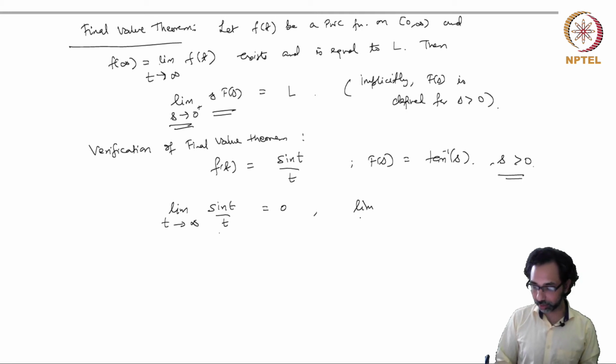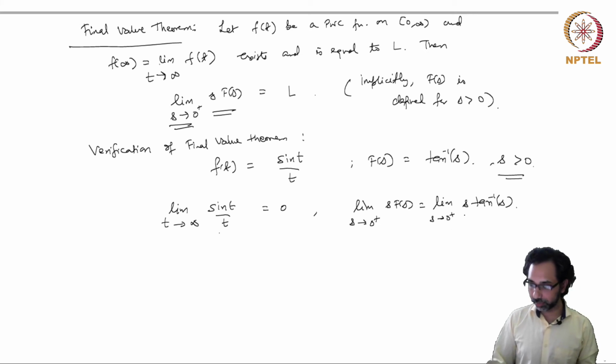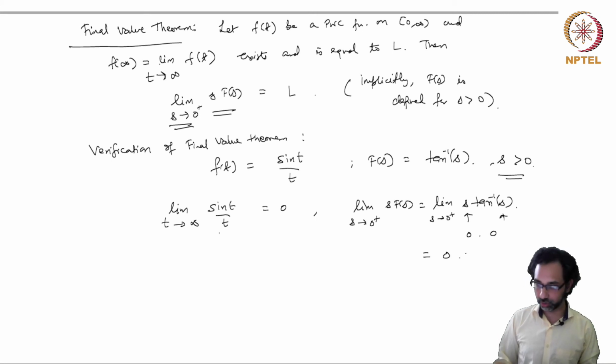And when the limit is taken for s tends to 0 of s F(s), this is the limit as s tends to 0 plus of s times tan inverse of 1 over s, but both limits exist at 0, so this is just 0 times 0, so this is also 0. So we can see that the final value theorem holds.